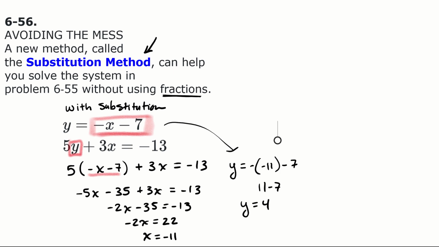And I want you to be thinking about, especially as we learn even more techniques, what's the best method? So right now we have 2, and it appears that substitution is great if you have one of the variables isolated in one of the equations and you can replace that in the other. So this was well suited for substitution. Let's move on to question 57.